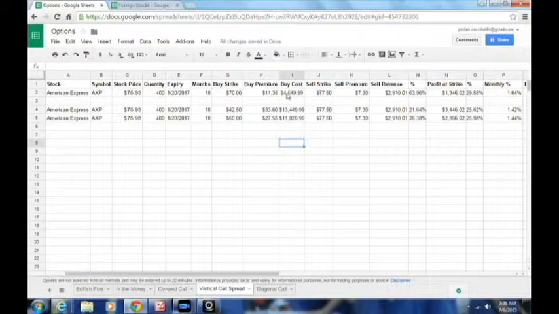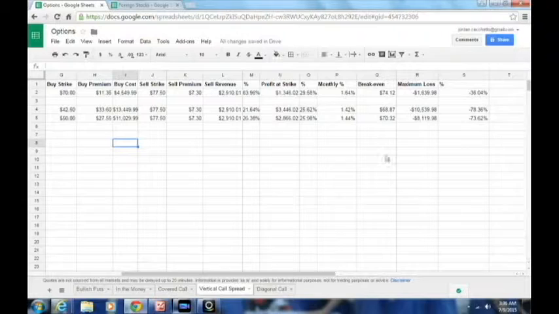Again, the strike price closest to the current stock price is going to be the least expensive, and thus it's going to have the lowest maximum loss. So in this case, the most I could lose after selling a 77.50 strike at 7.30 is $1,640.